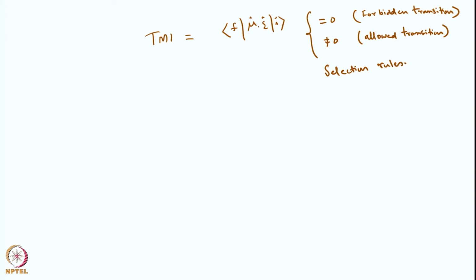Okay. Now what we will do in this lecture is to look at this operator mu. Now let us think of a molecule AB. The two atoms A and B are combined, and because they are not the same, there will be, let us say, delta plus and delta minus. So you have a dipole. And the equilibrium distance is R naught.